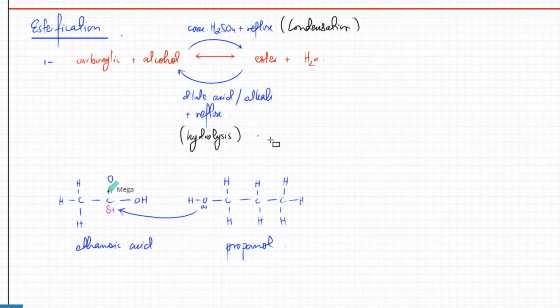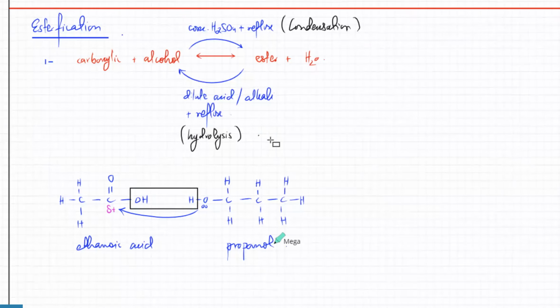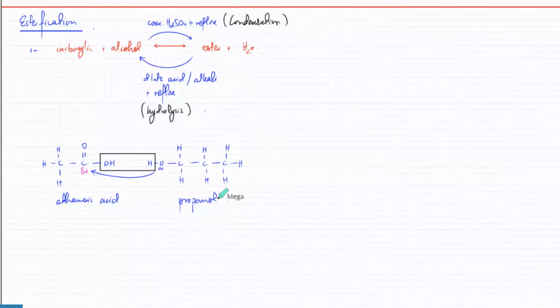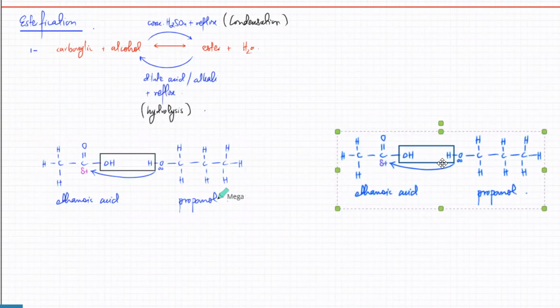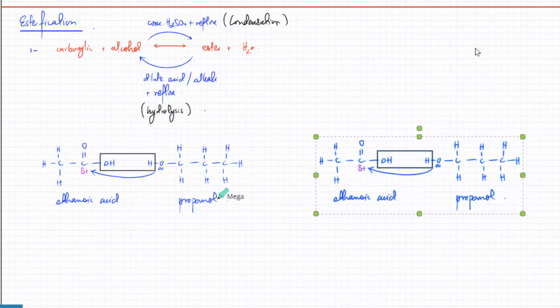And as a result, these things will get eliminated. The OH and H from the middle, they're going to form a water molecule. So the product that you're going to get is an ester. Water molecules are going to be formed. So the result of the reaction would be the formation of this ester.